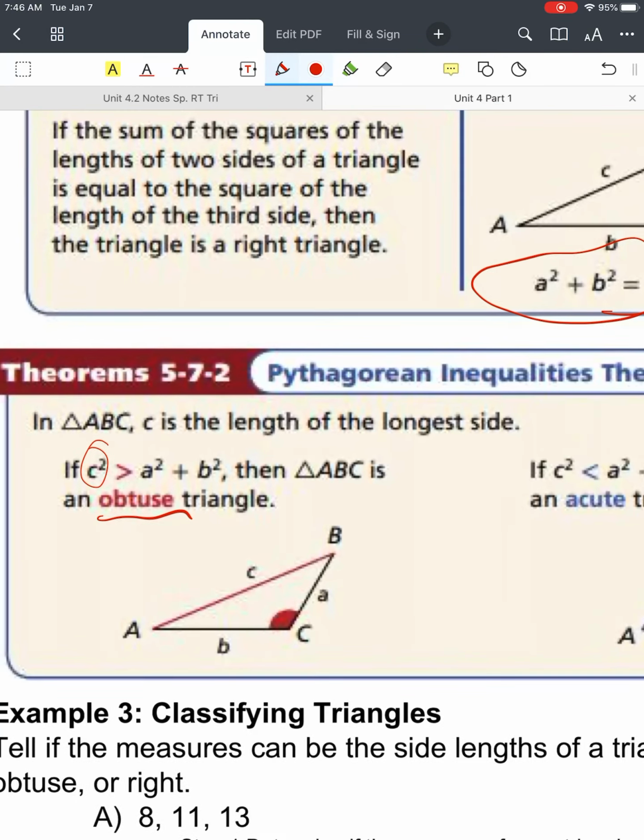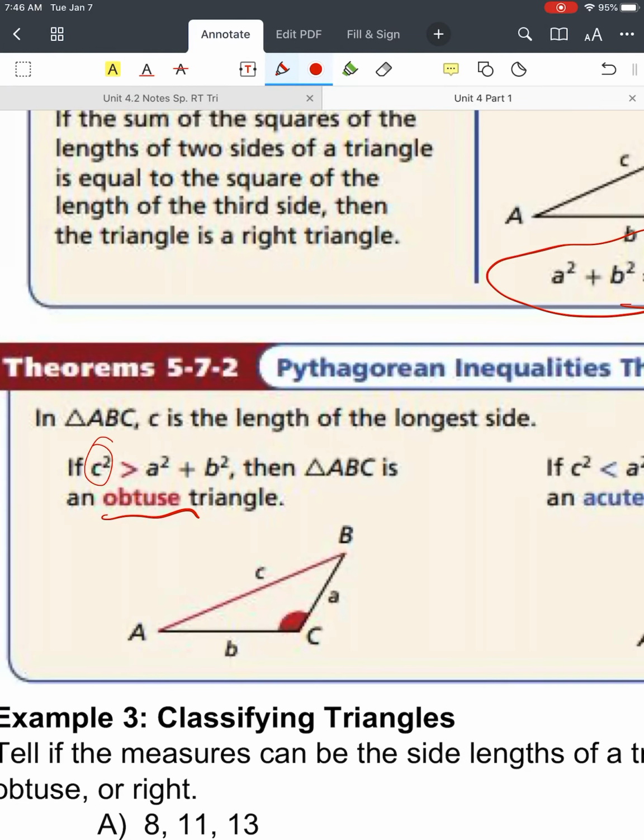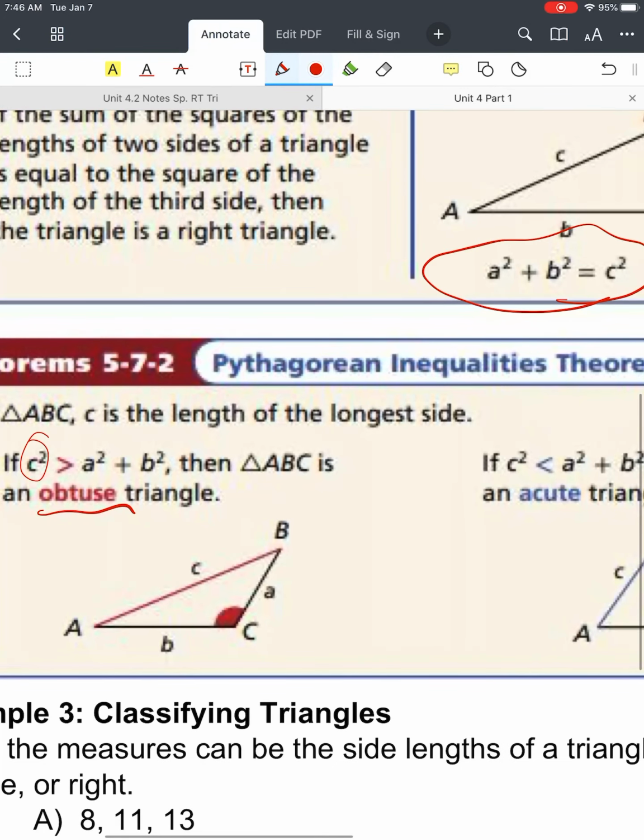We can see in this picture how if c is larger, it creates a larger angle across from it. We talked earlier this year about the relationship of the sides to the angles.